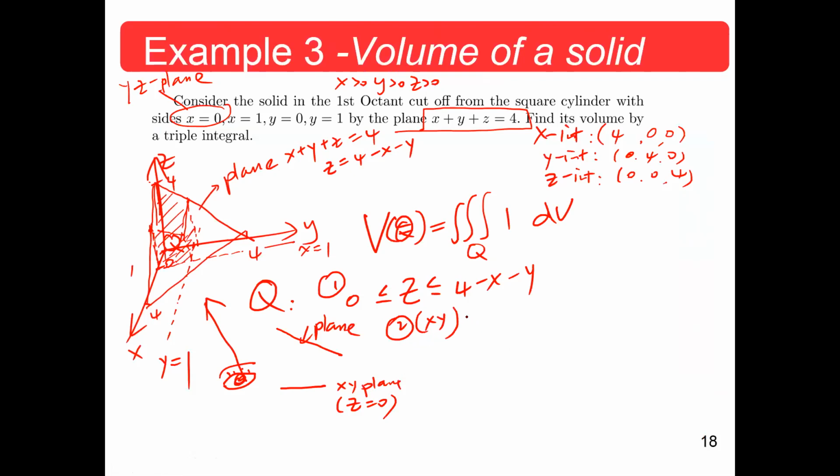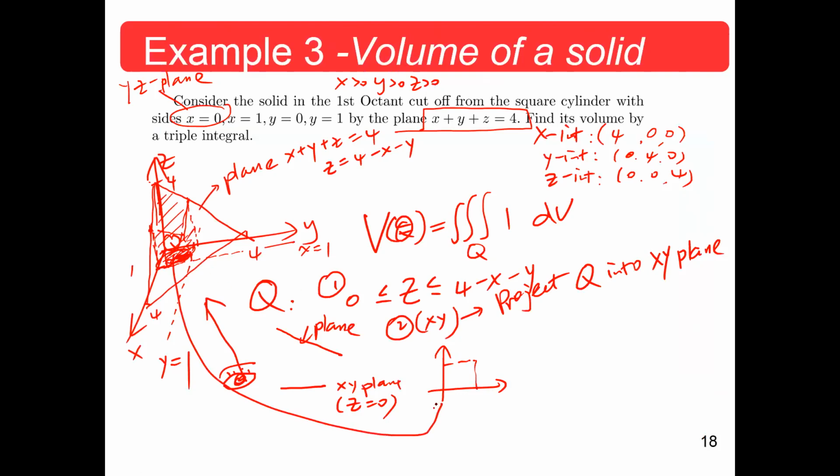So what we need to do now is simply project the solid Q into the XY plane. And let's see, what do we have? So this is a straight solid. If we project into the XY plane, what we have here will just be a square, right? It looks like it's just going to be this area in the base, where X is between 0 and 1, Y is between 0 and 1.